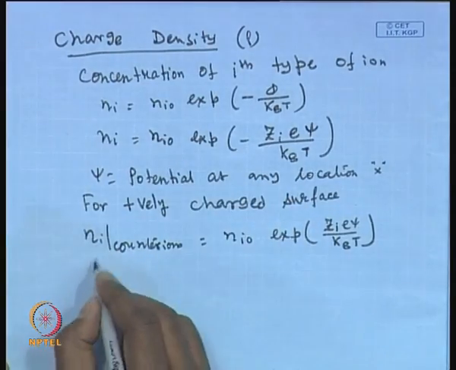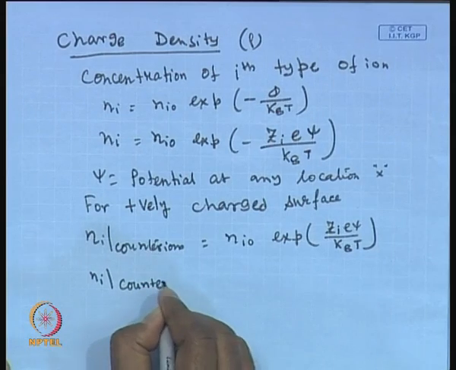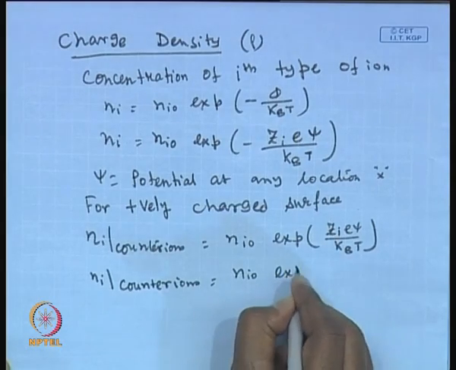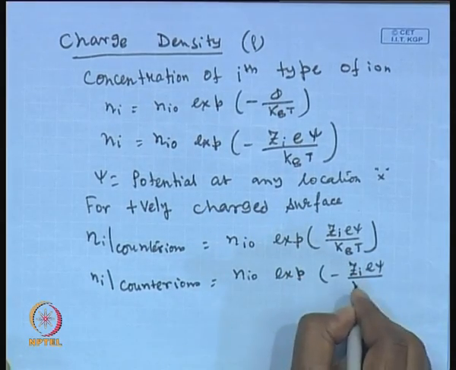So, negative it will be positive, and the number concentration of co-ions will be Ni naught exponential minus Zi e psi over kBT.